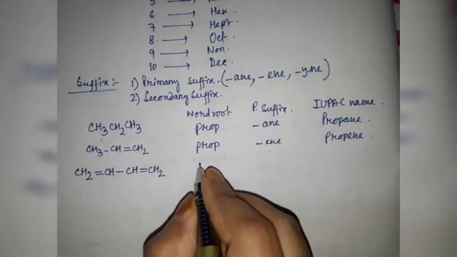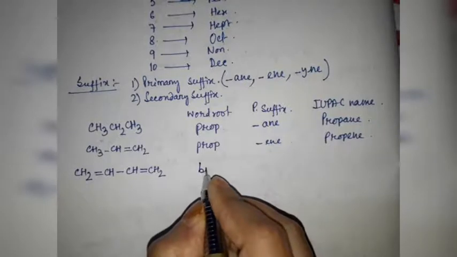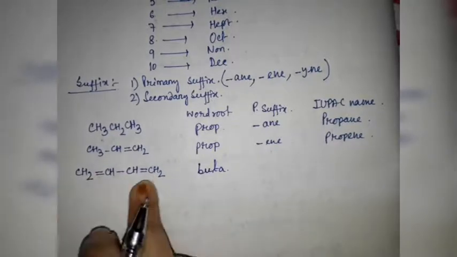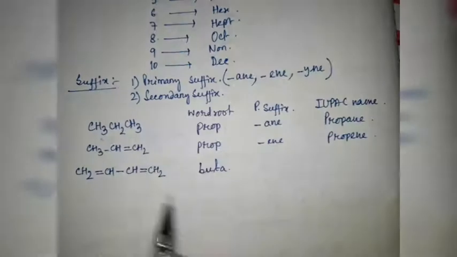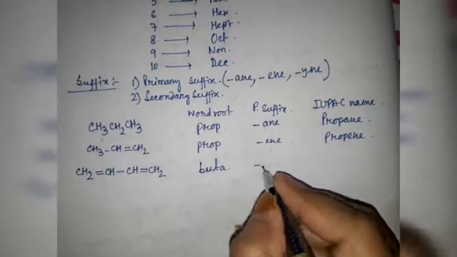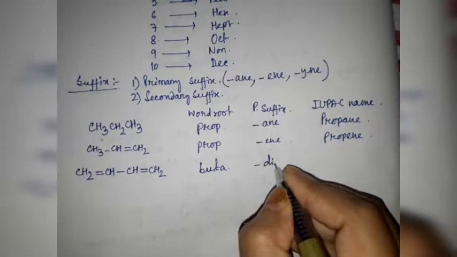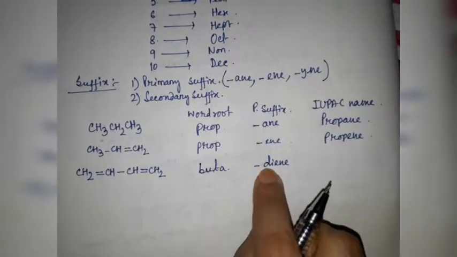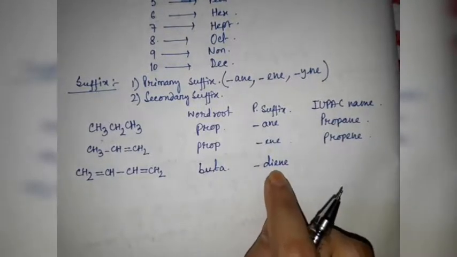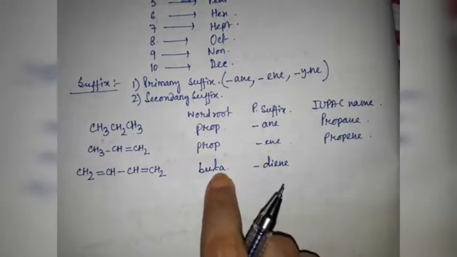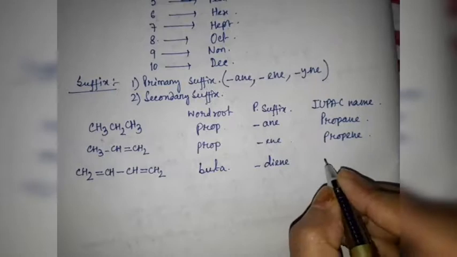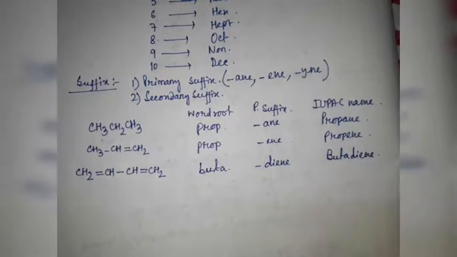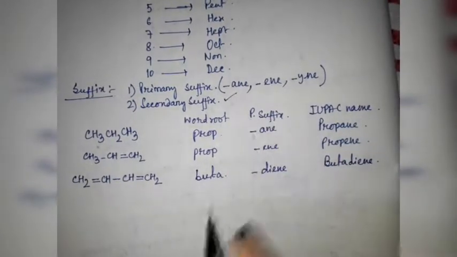So the word root is but here, and because 2 double bonds are there, the primary suffix here is diene, right, with a consonant D instead of a vowel, and an extra A has been added to the word root. So the name will be butadiene, butadiene. Clear?